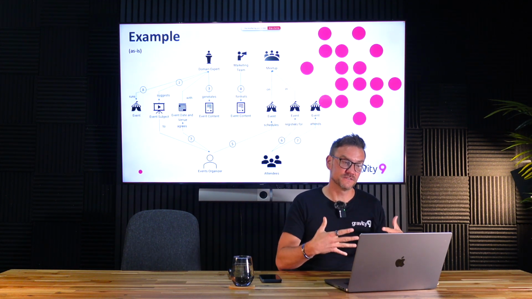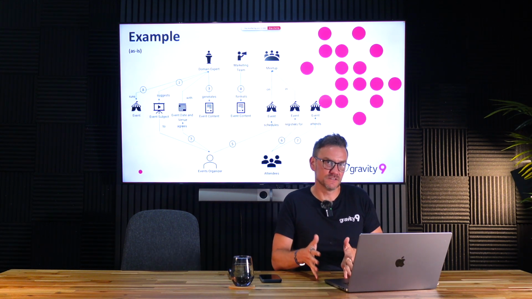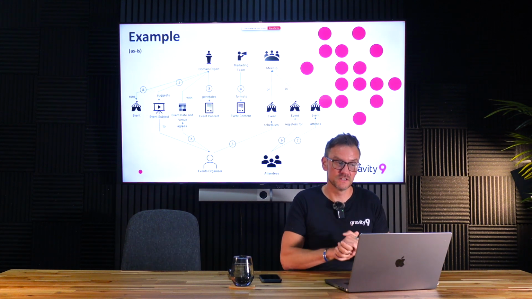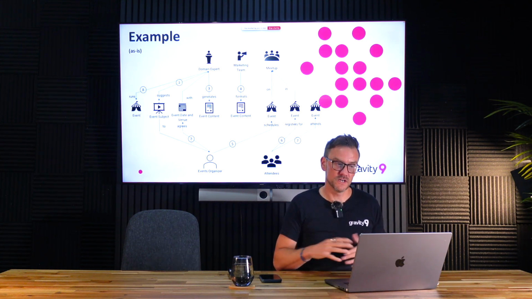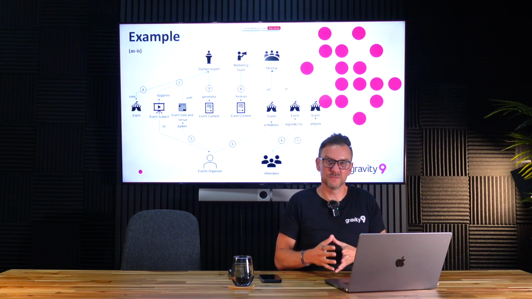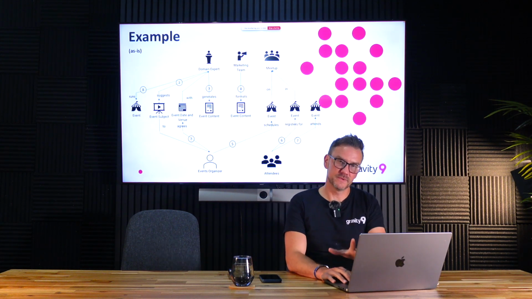It also lends itself to, I'll get to this a little bit later, as we're getting into implementation and the delivery side of things, each one of those numbered lines could represent a user story. A user story is a mechanism to describe a small piece of functionality that could be delivered in a sprint. So hopefully that makes sense.